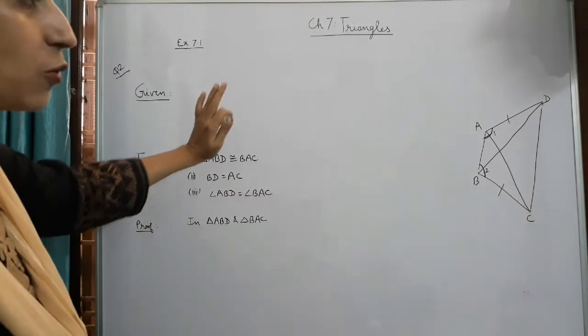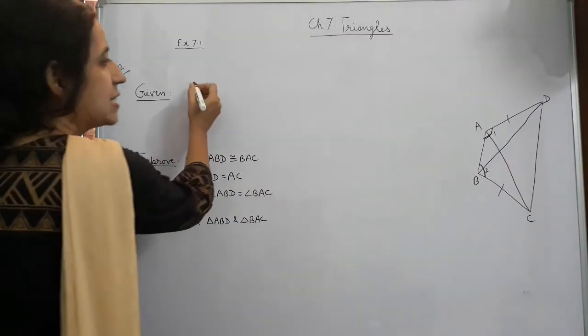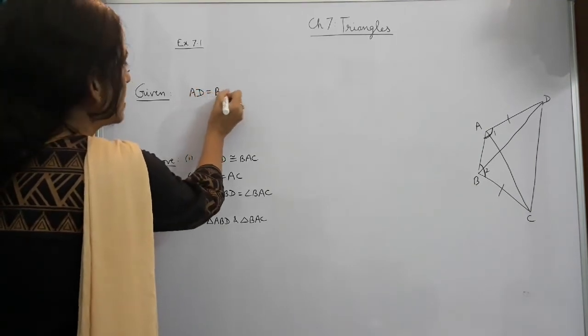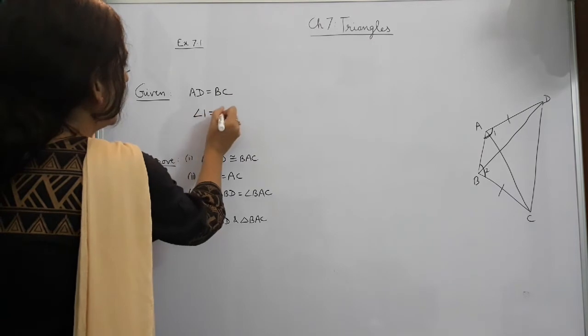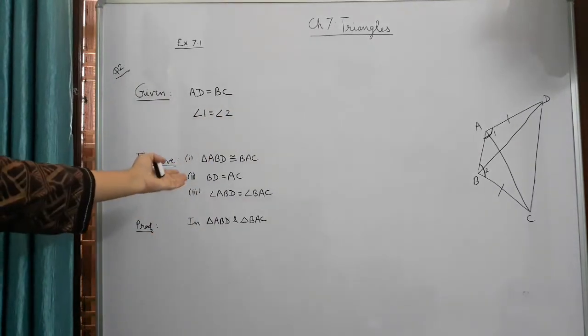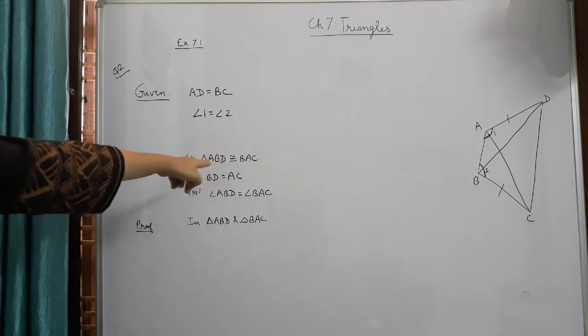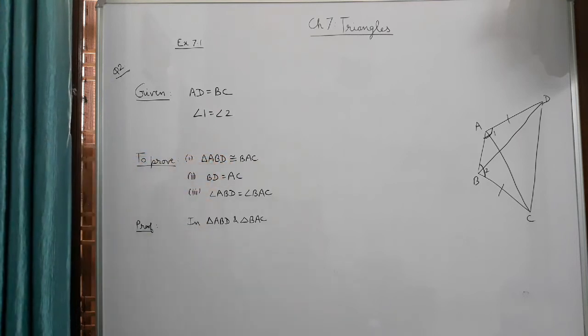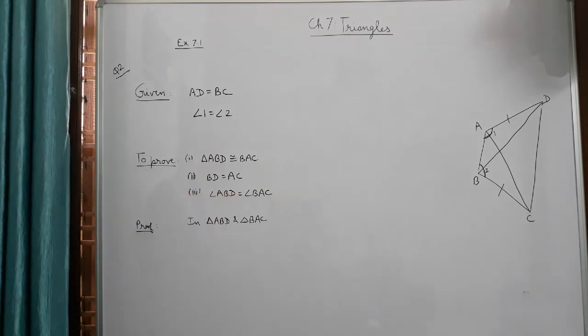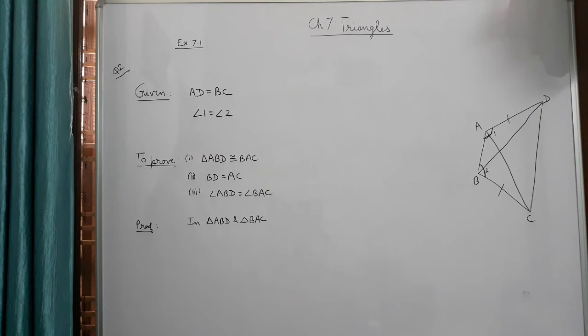So first let us write down given. So over here it is given to us that AD is equal to BC and angle 1 is equal to angle 2. We have to prove that triangle ABD is congruent to triangle BAC. We have to prove that BD is equal to AC, and we have to prove that angle ABD is equal to angle BAC.